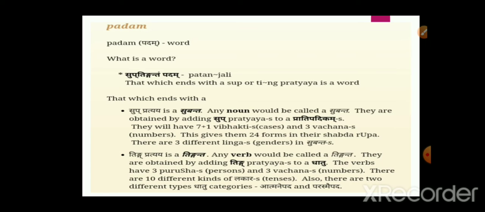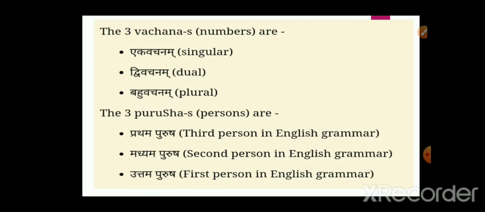And let's see about numbers, that is Vachana. There are three Vachanas. Vachana means a number: singular, dual, and plural. Singular means Ekavachanam, dual means Dvivachanam, and plural means Bahuvachanam.